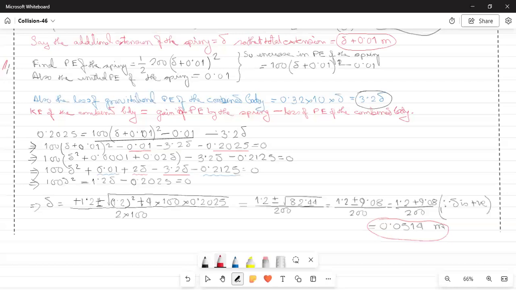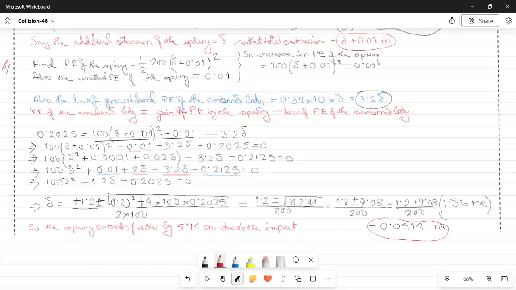So the spring extends further by 5.14 centimeter due to the impact.